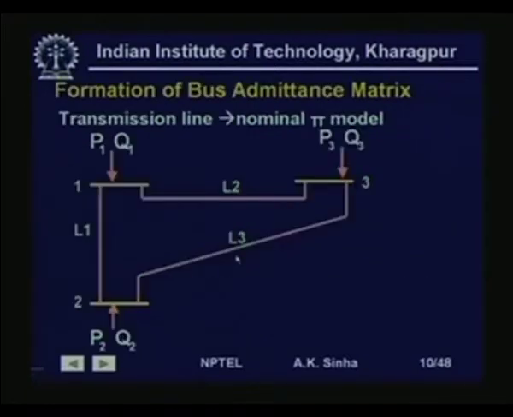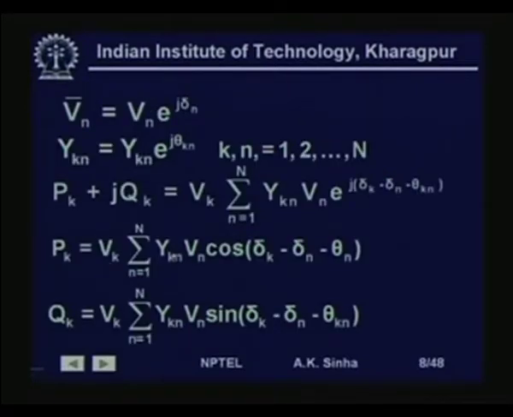Another aspect of these equations we can see is they involve the voltages and the admittance matrix elements for the system. So, we are writing the real and reactive power in terms of voltage phasors and the admittance matrix elements of the system.